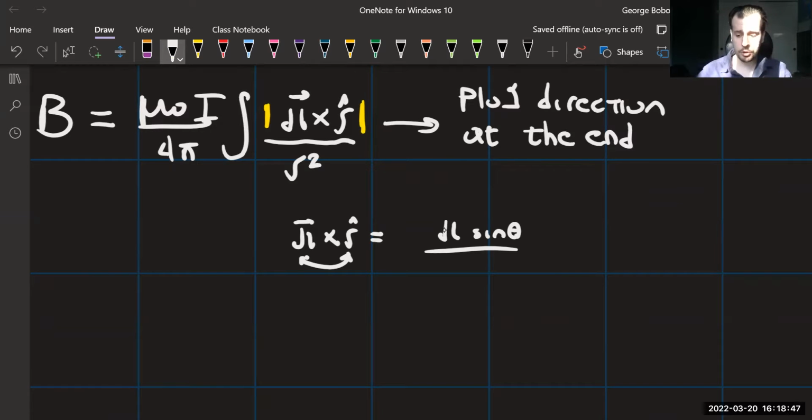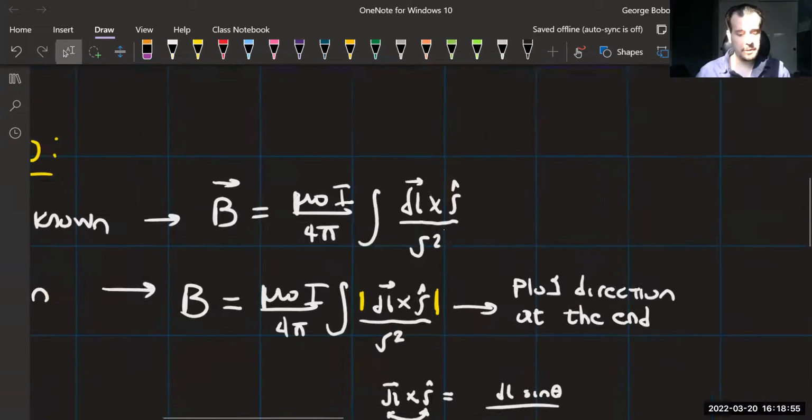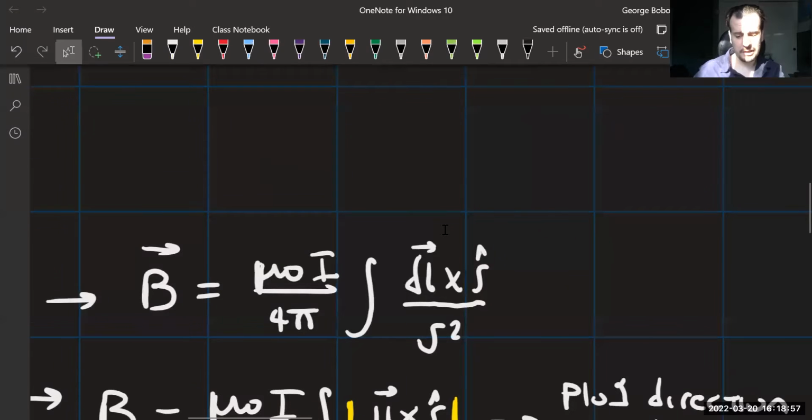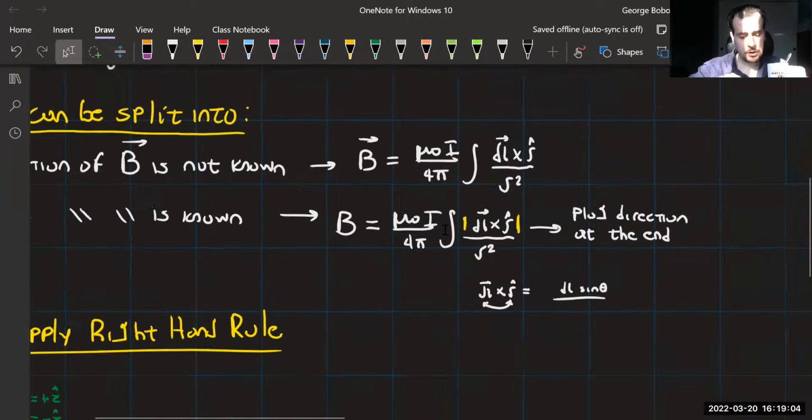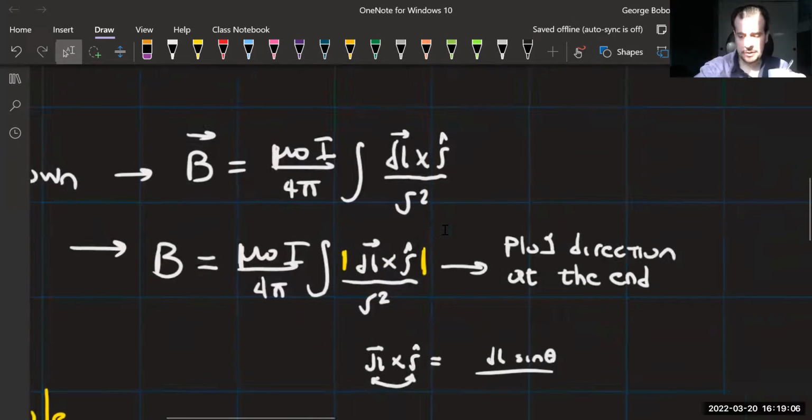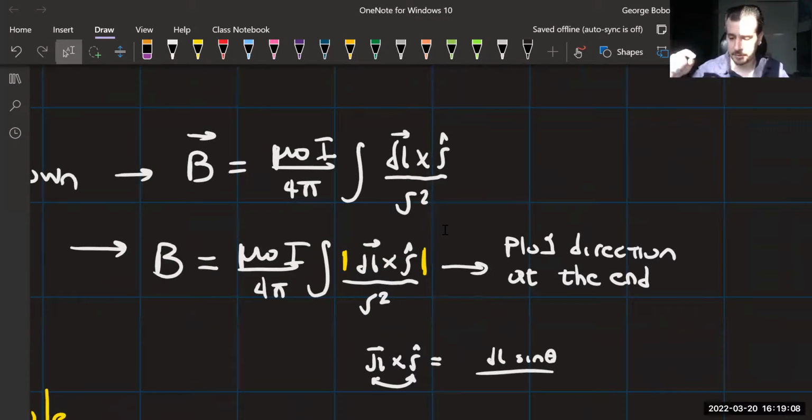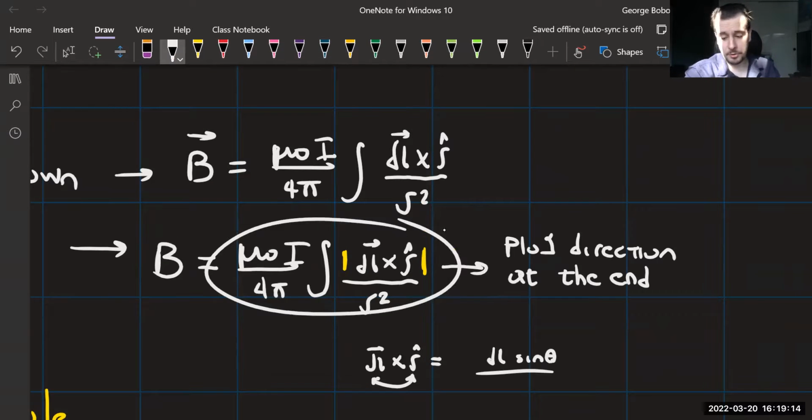So you're going to see this version being used a lot when we have symmetry. I guarantee you. This is something that we use for symmetry, and this is something that we use when there's no symmetry, or at least we haven't spotted the symmetry, naively. As you notice, the bottom one doesn't have a vector sign here. Obviously, there are no vectors in here, right? There's no vector remaining.